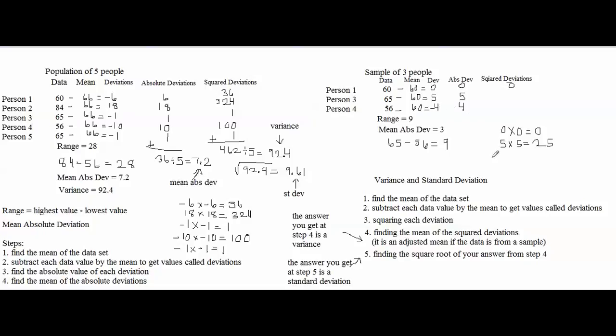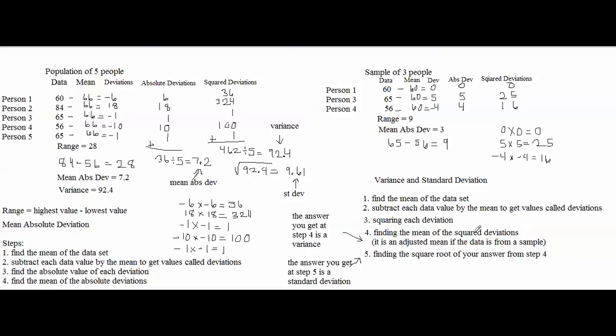And negative 4 squared, which is negative 4 times negative 4, is 16, because the negatives cancel out. So we finished step 3, we squared all the deviations.